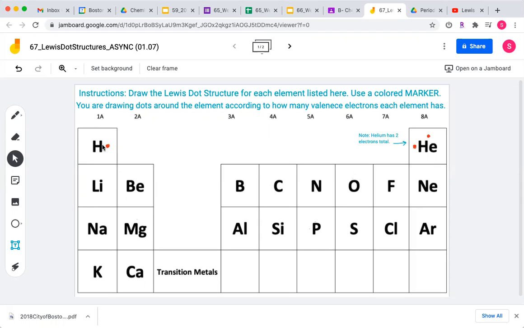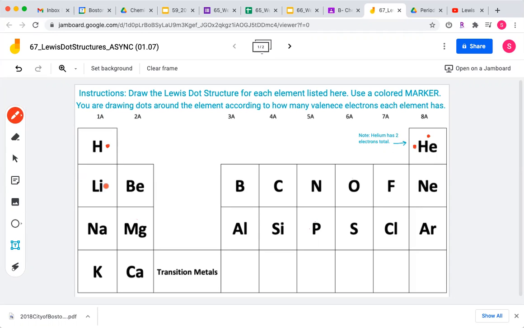here we have hydrogen, or H. It's in group 1A. So I drew one dot representing that one valence electron hydrogen has. So I'm going to do that for the other elements in group 1.